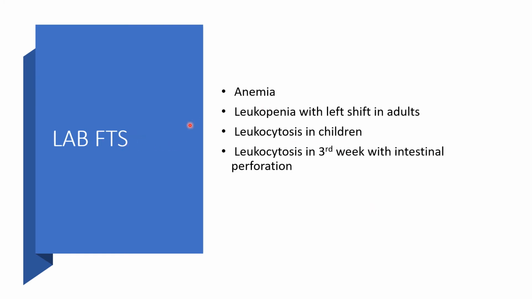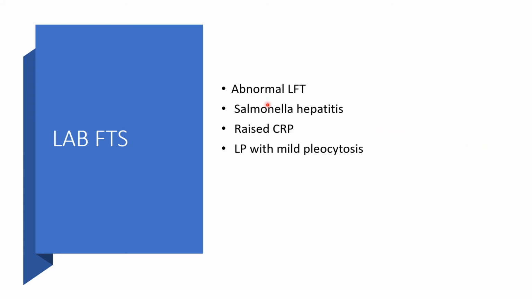Now, the lab features will help us to know if we have anemia or we are dealing with leukopenia with left shift in adults, leukocytosis in children, and leukocytosis in third wave with intestinal perforation. Abnormal liver function test will all show up when the lab result is out.